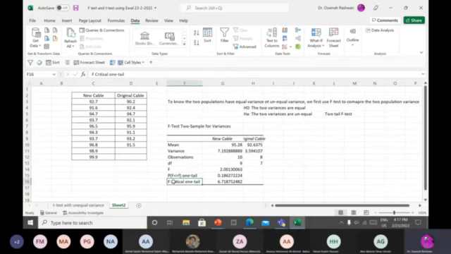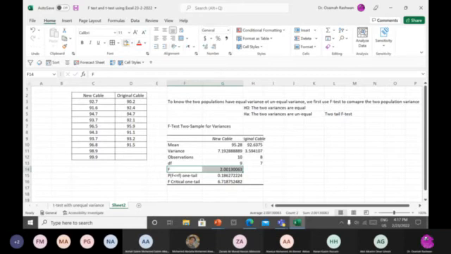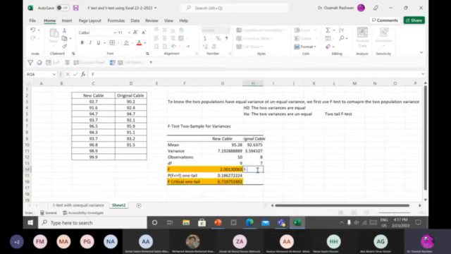So I have the F stat here, and the F critical is here. Is the F stat value bigger or less? It is less than the critical value.